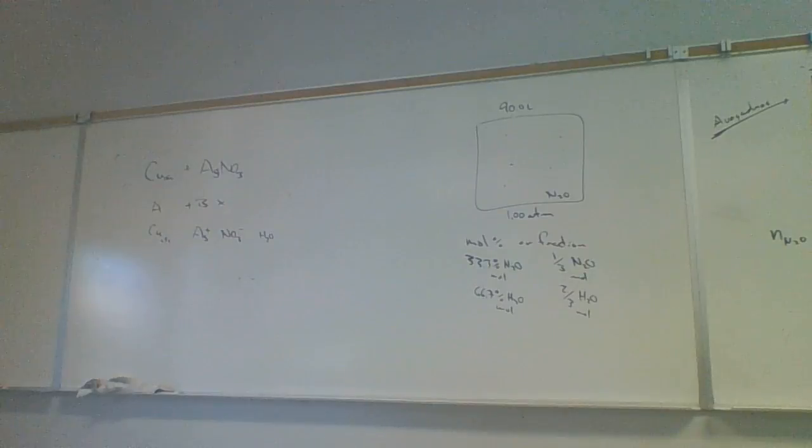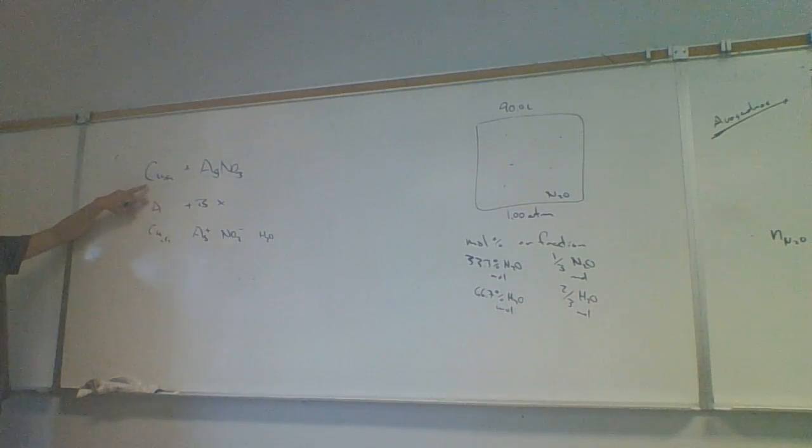Do silver ion and nitrate occur on the lithium side? No, it's between copper and water. So what do you think is a better reducing agent, copper or water? Copper is a metal. Metals tend to lose electrons. Is it easy for water to lose electrons? No. It's hard to oxidize water. And so copper is the best reducing agent.